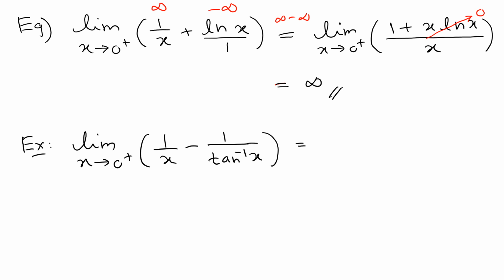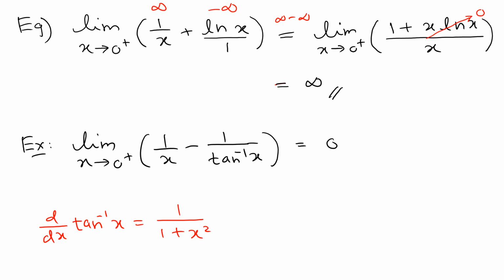Try this one and see whether you get 0 as the answer. Very similar approach. You might need to remember the derivative of the tan inverse function, which is 1 over 1 plus x squared. This is very similar to the first two problems, so try it and see whether you get 0.